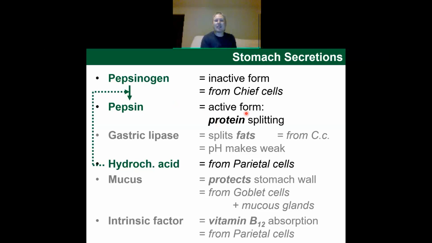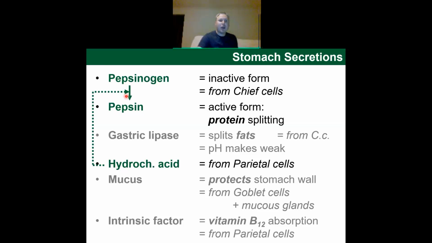Now that it's activated, it starts breaking proteins. So proteins are broken down, digested within the stomach. Most other stuff isn't digested in the stomach, but proteins are the one thing that actually get broken into smaller pieces within the stomach, thanks to our active form, pepsin, which is made from pepsinogen when the stomach acids are present.